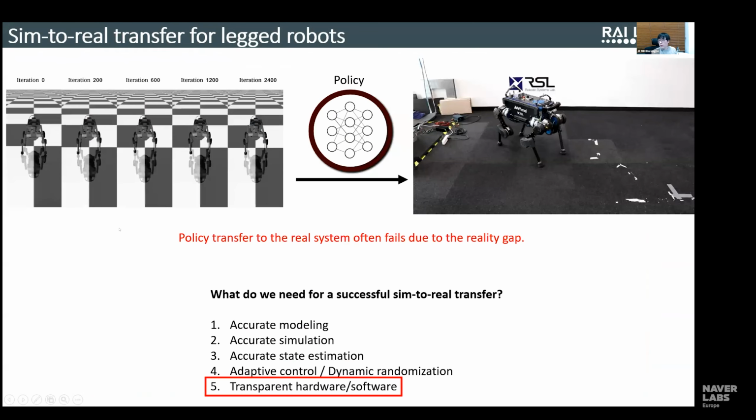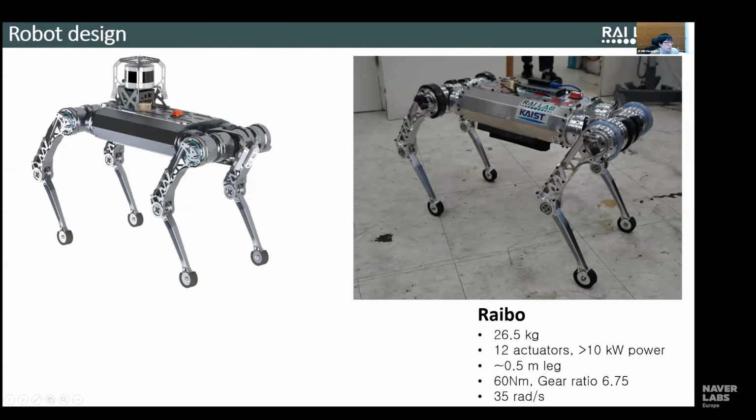Now the last part, transparent hardware and software. We've been working on this robot for one year. It's funded by Samsung and called Rival. We completed this robot a few weeks ago. It's a quadrupedal robot.